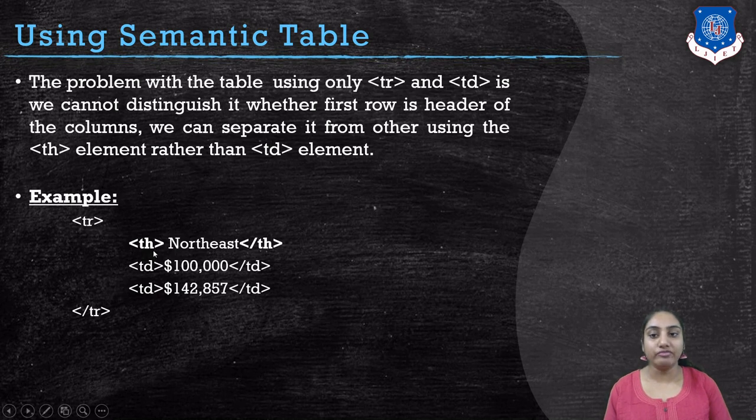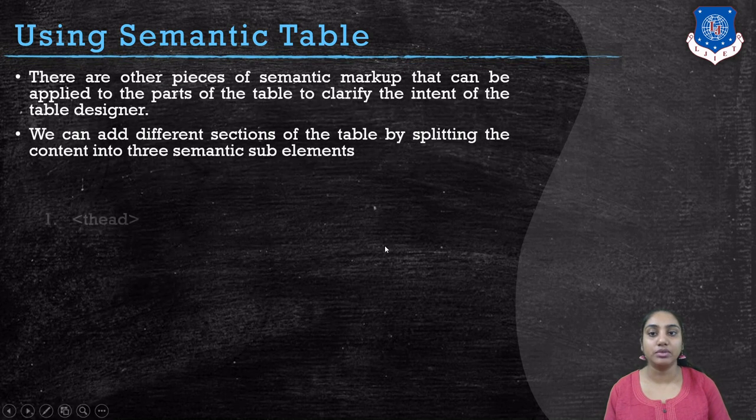So this will bifurcate your data according to td and th, and this particular font will be shown as bold letters by default, but this will not separate the other content from your table element. So to separate the proper content of your table element, we are using the semantic table's different new tags.